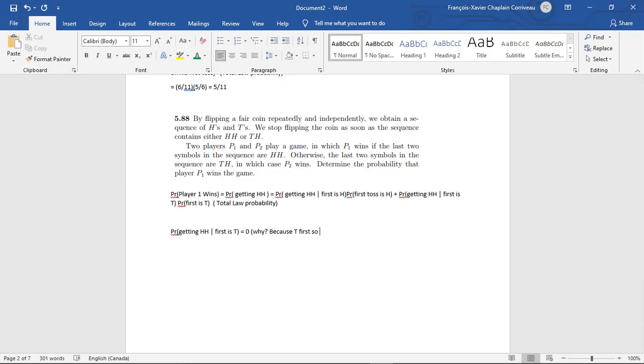I'll let you guys tell yourselves why. This is zero because if I flip tails first, then I need a head at some point. But whenever I get my head, it means that player two wins.